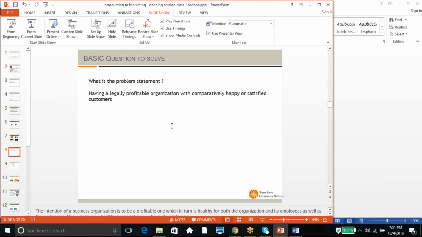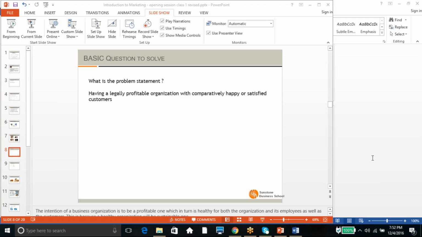Why legal? The word legal is there because whenever we are studying, we are assuming that we are talking of legal professions.